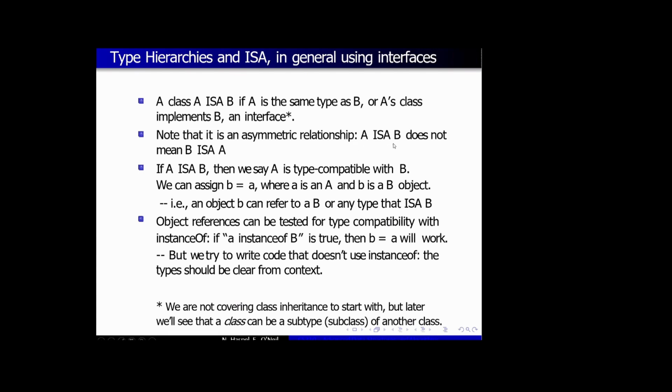Now, A is a B sounds kind of symmetric, but it's not a symmetric relationship. So you have to watch out. If A is a B, then we say A is type compatible with B, and we can assign B equals A, where A is an A and B is a B. So an object reference B can refer to a B, of course, or any type that is a B. So there's that flexibility that you can have an object reference that can be pointed at various subtypes.